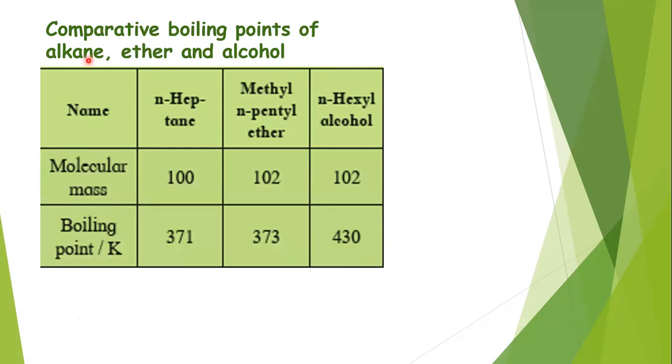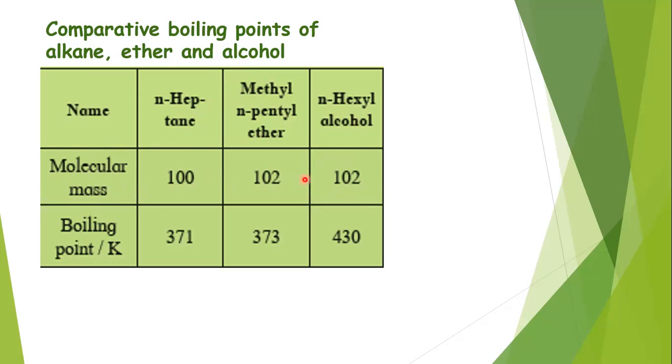Comparative boiling points of alkanes, ethers, and alcohols. N-heptane, methyl N-pentyl ether. Their molecular mass is nearly same, 100, 102, and N-hexyl alcohol, 102.